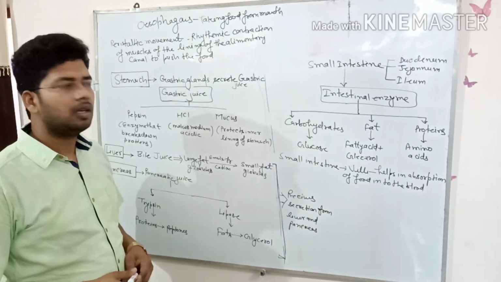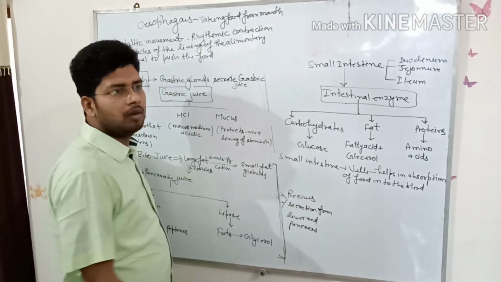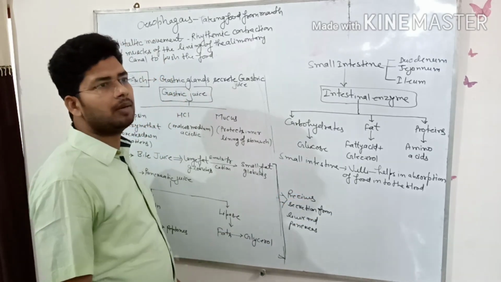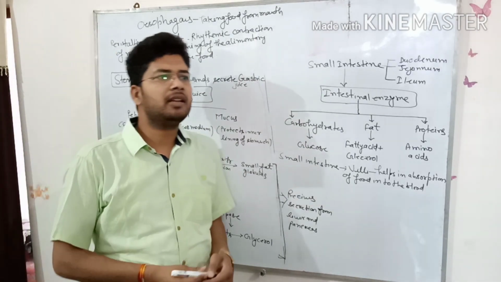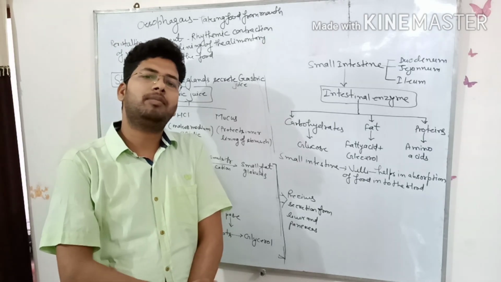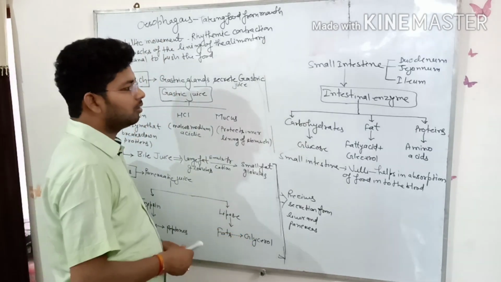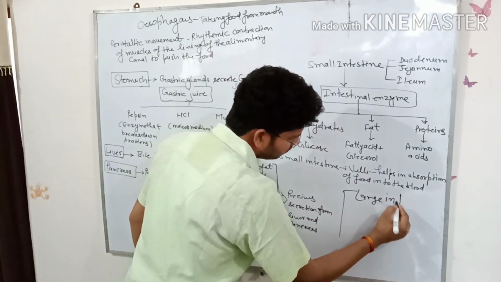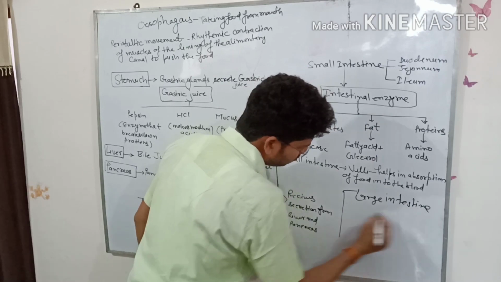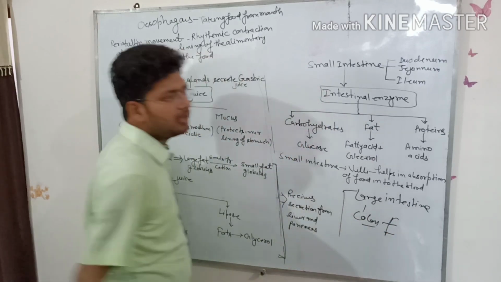Okay. Now, raw material and other food particles come to the large intestine. The large intestine in humans is about 5 feet long. The colon has 3 regions.